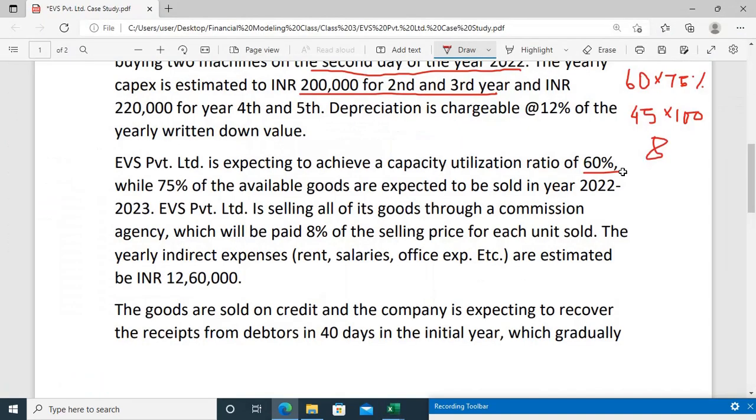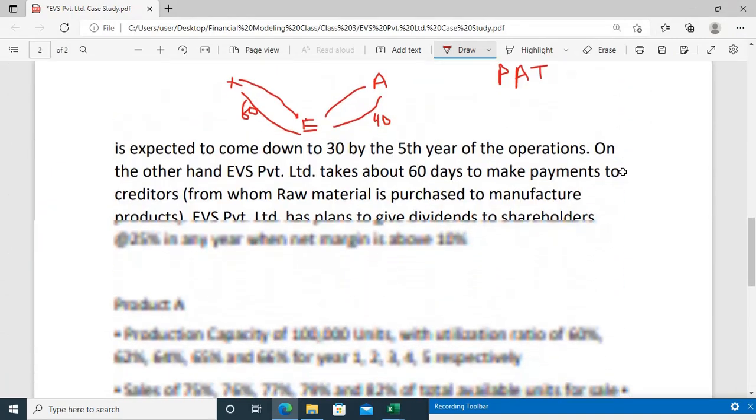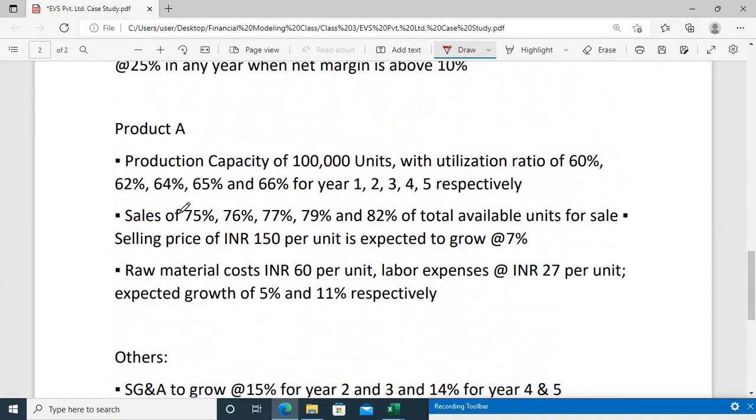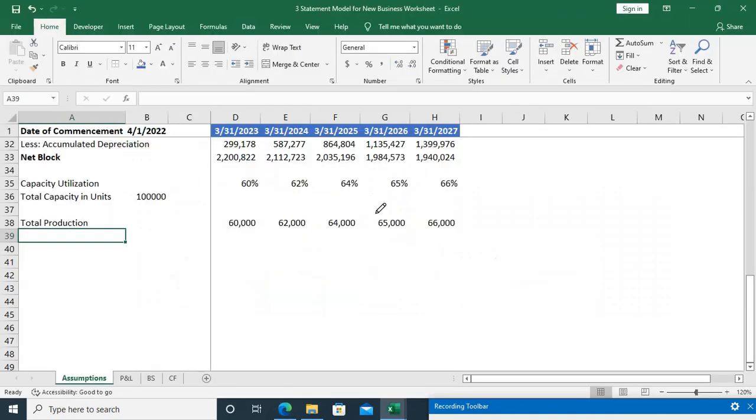The schedule is given here, the percentages are given here, right? First is 75, 76, second 77, 79, 82. 5 years percentages are given here. So we can write down one thing like sales as a percentage of total goods.